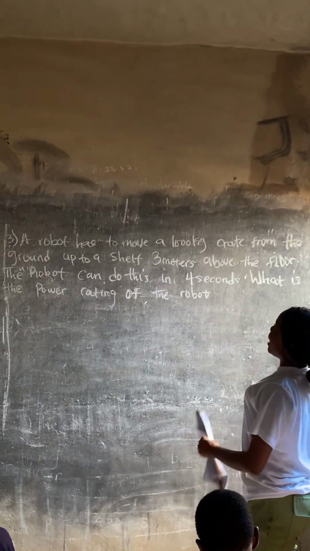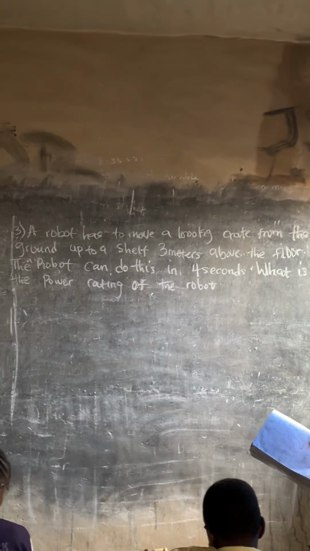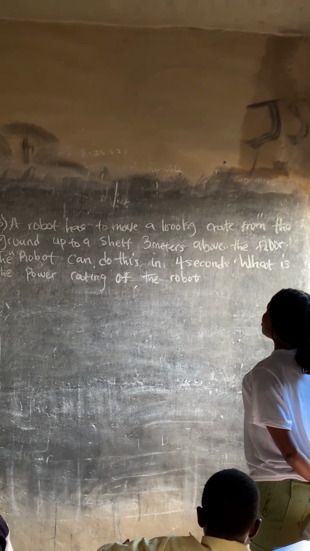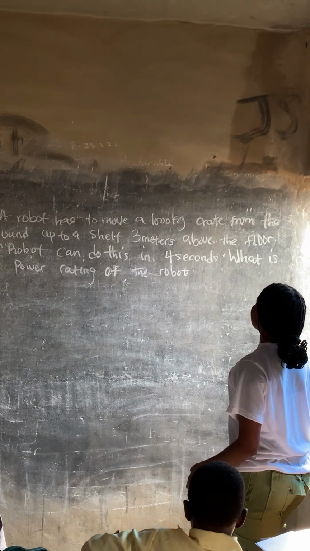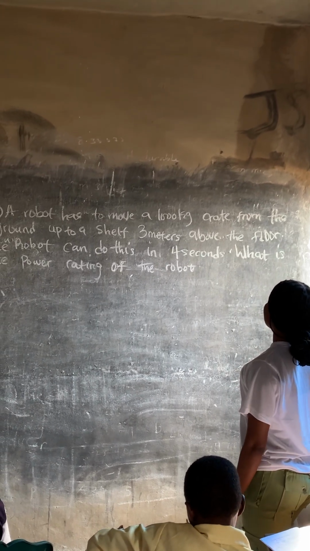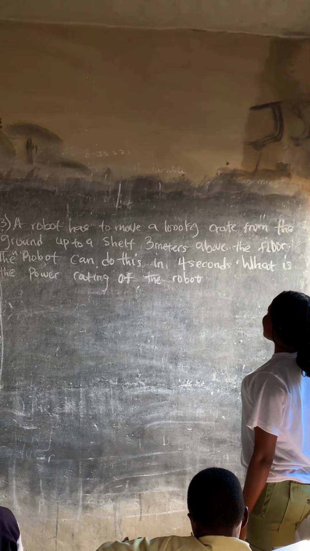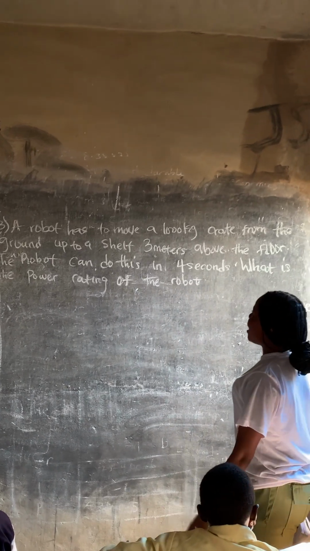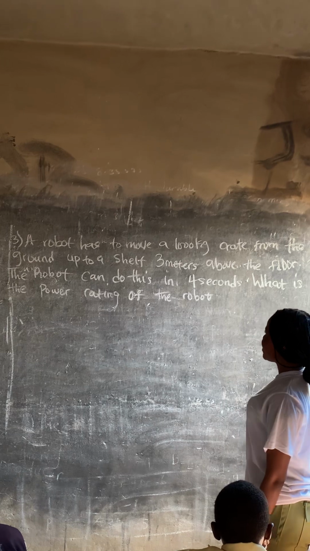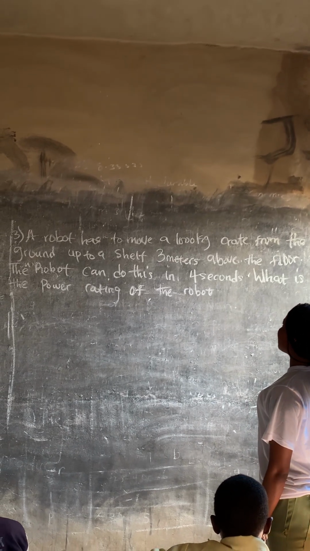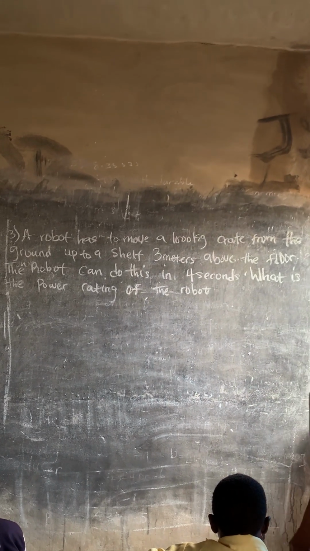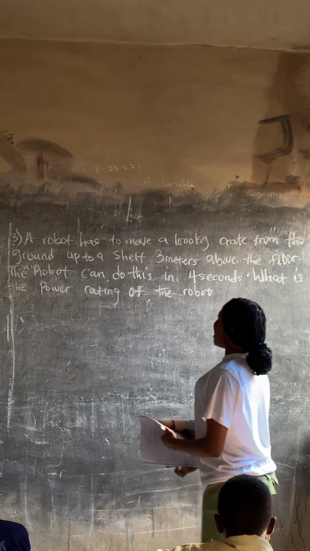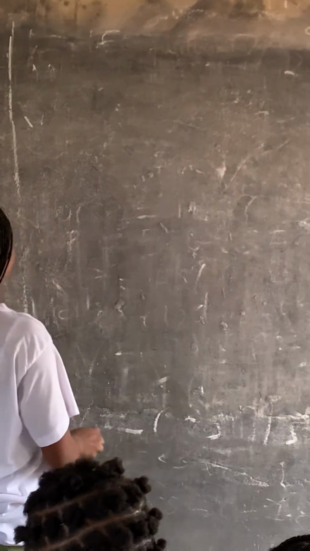So now, from the ground to a shed 3 meters above the ground. The robot can do this in 4 seconds. What is the power rating of the robot?